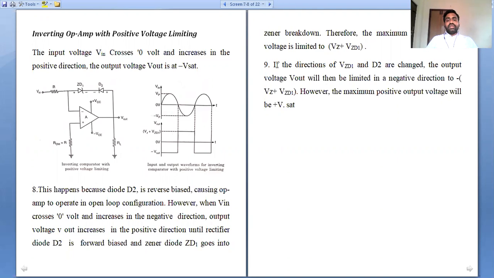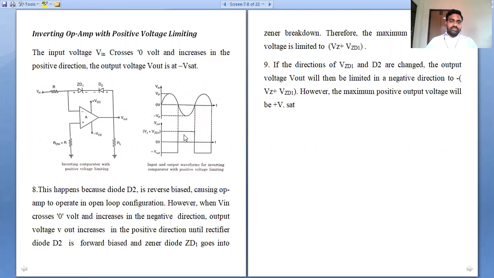So if the directions of the Zener diode and the rectifier diodes are changed, the output voltage is limited with respect to the negative direction, okay. That means the maximum positive output voltage can be seen at this particular V saturation. That is the difference between the positive and negative voltage limiter and the positive voltage limiter, okay.